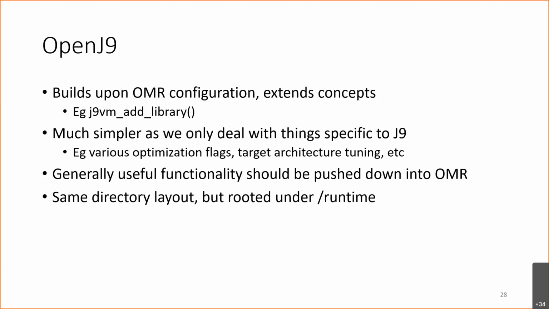In general, things that might be useful to external users of OMR, I've tried to push down into OMR, to keep only the stuff in J9 that really only J9 cares about. And the same basic CMake directory structure follows in OpenJ9, except it's just rooted under the runtimes folder.